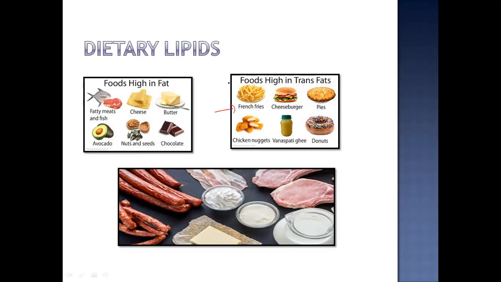Also, the major sources of trans fatty acids in our diet include all this junk food or fast food, which we love, but it is mainly rich in trans fats. So consumption of this type of food should be kept minimum, or one should avoid it.